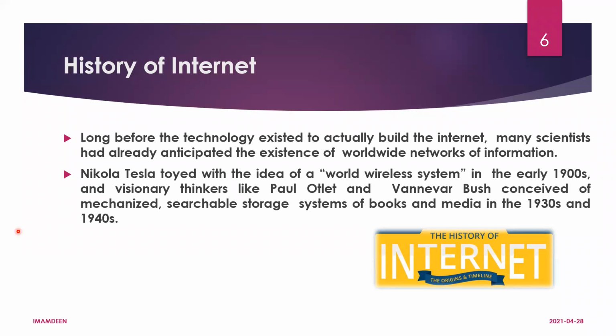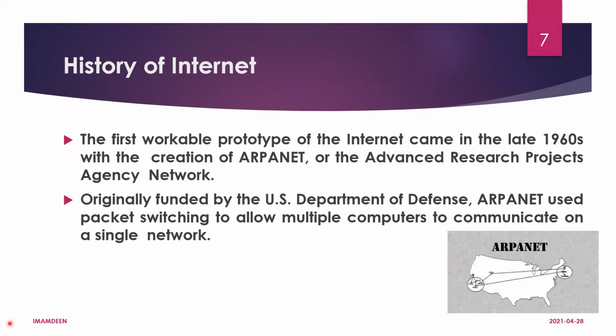Okay. So next is also the history of the internet. Today we'll see how the internet came to the world. The first workable prototype of the internet came in the late 1960s with the creation of ARPANET, the Advanced Research Projects Agency Network.